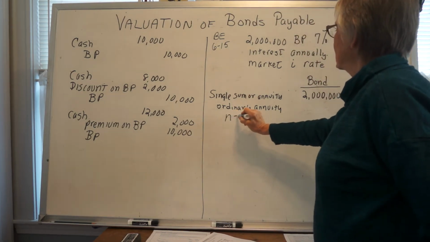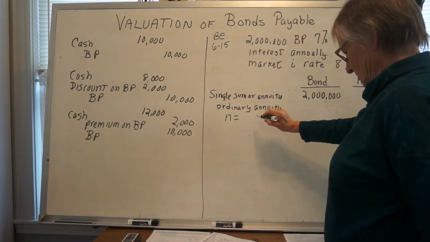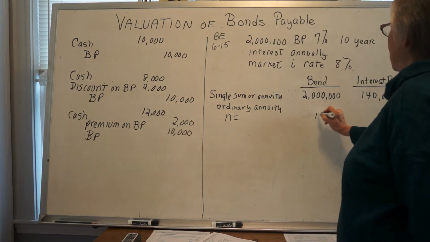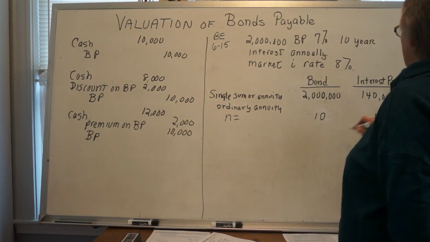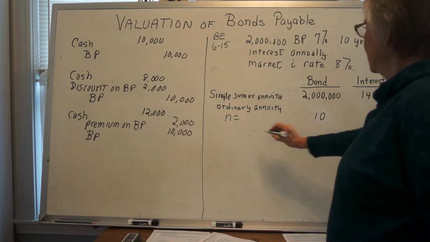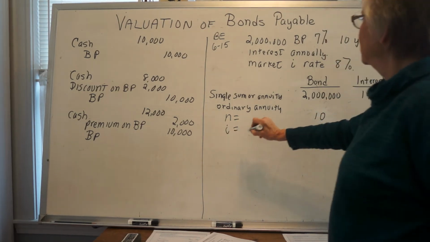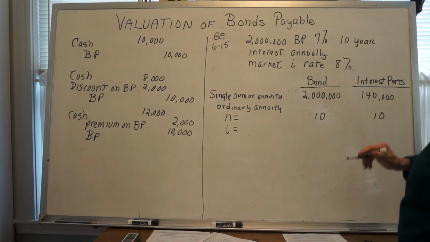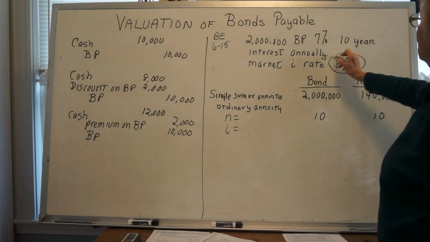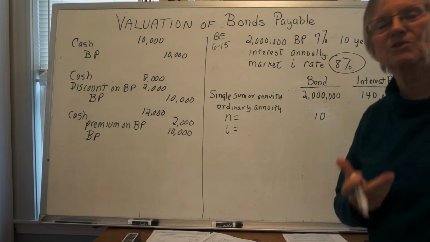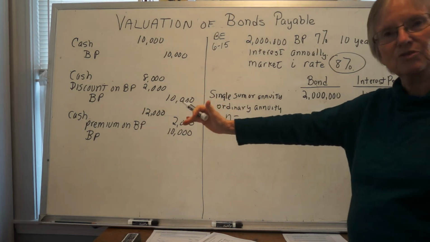Number of periods is going to be 10 for the bond, and it's going to be 10 for the interest payments. It'll always be the same for both. And then the interest rate, and here is where you have to think a little bit. You use the market interest rate because that is going to be the interest rate that determines the proceeds you get.